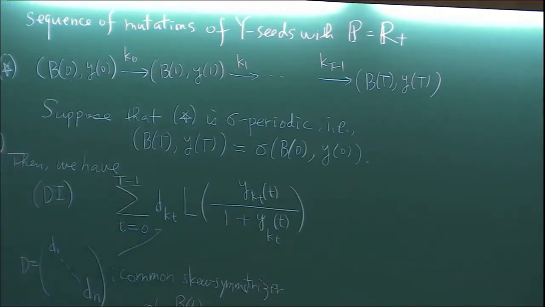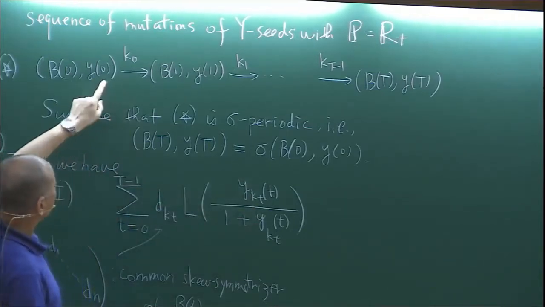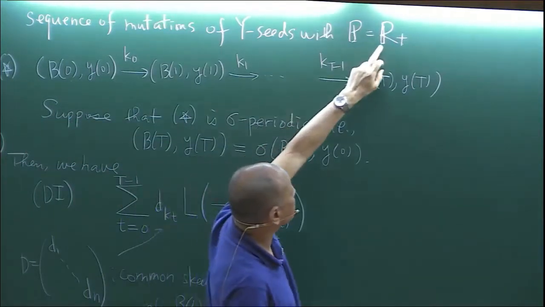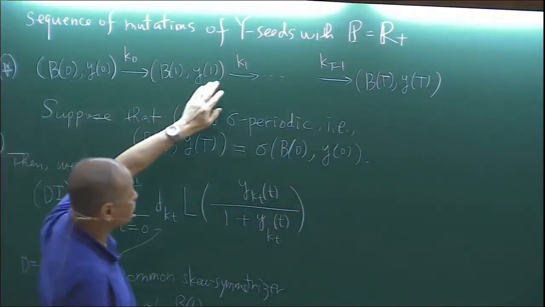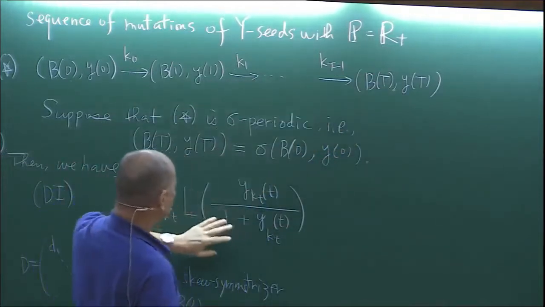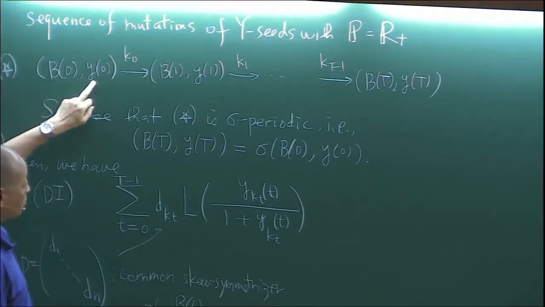Then the claim is that this is considered as a function of your initial choice of the Y-seed, which is an n-tuple of real positive numbers. And others are completely uniquely determined by the mutation. So it is a function of the variables.